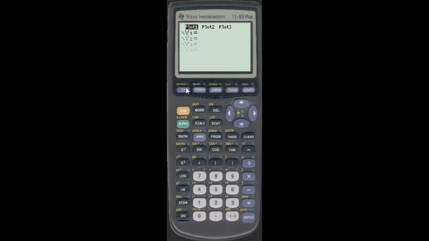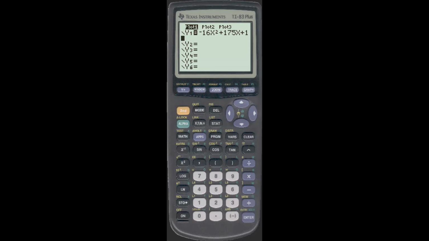Okay, so we're going to go back to y equals now, and we're going to enter the equation -16 x squared plus 175 x plus 1. Oops, I messed that part up. Wait, so -16, and then to put in X, what button do I click to put in the letter X?